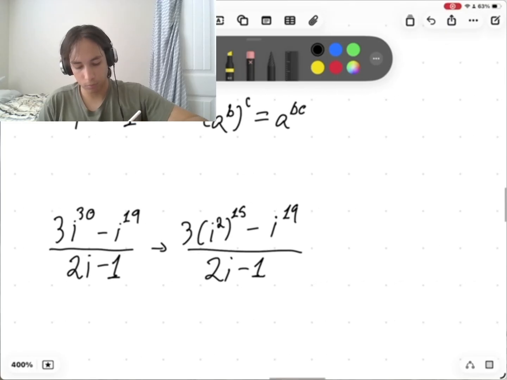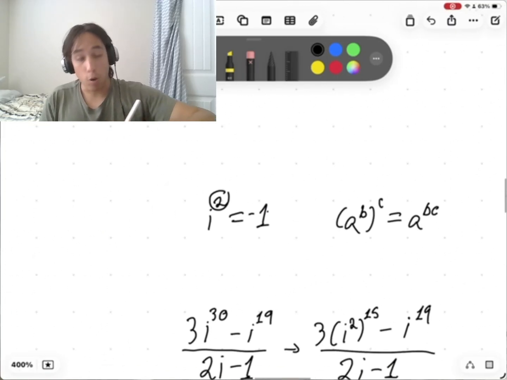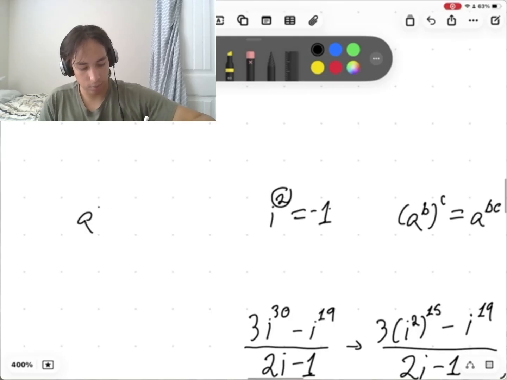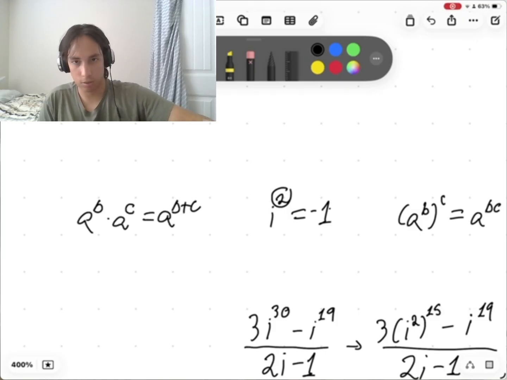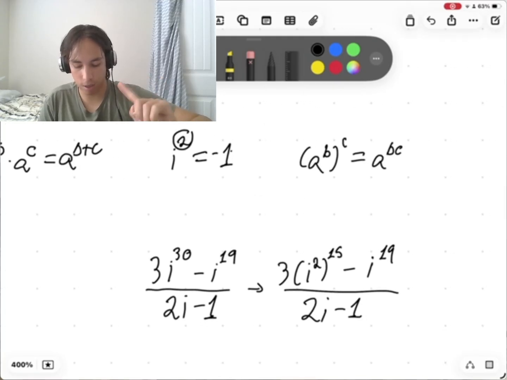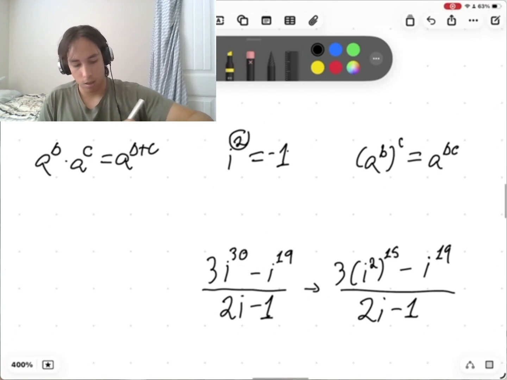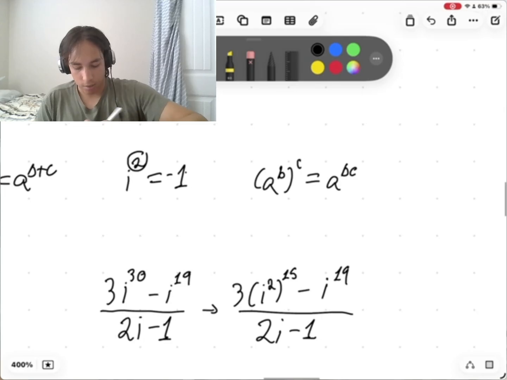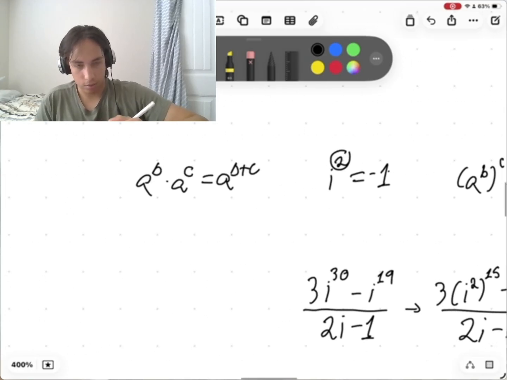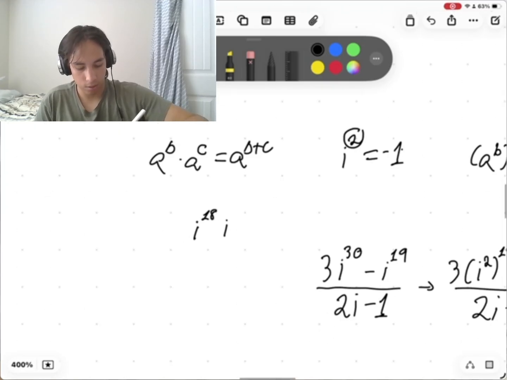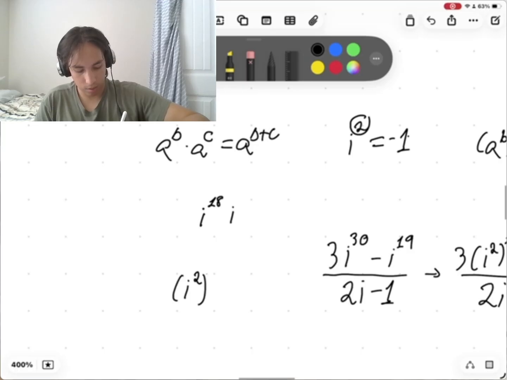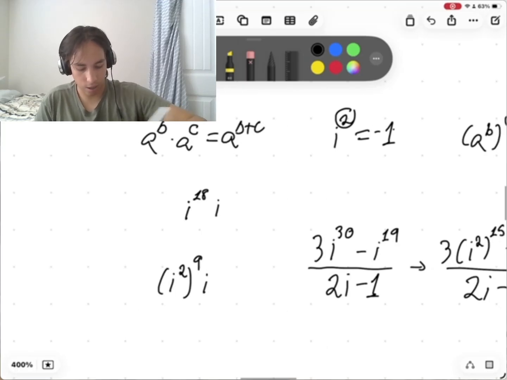And you're gonna remember that a to the b times a to the c equals a to the b plus c, right? That's how we can simplify this 19, because we can get it to i to the 18 times i, and then i squared to the 9th times i.